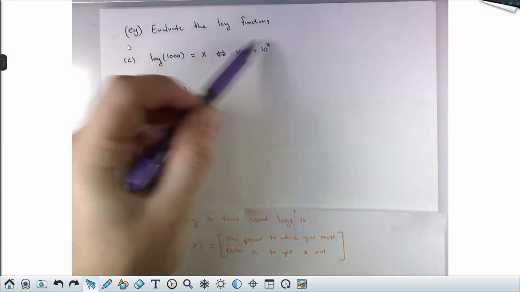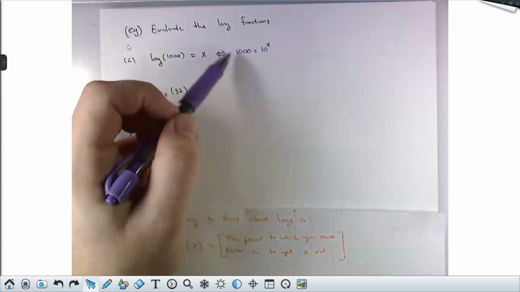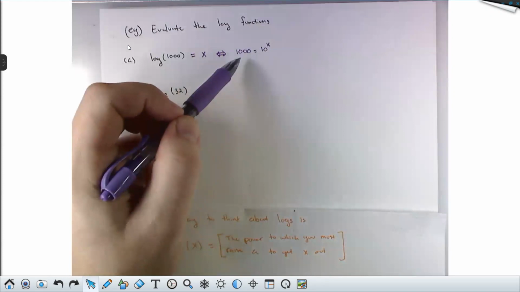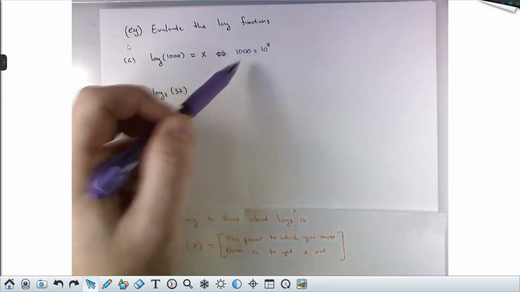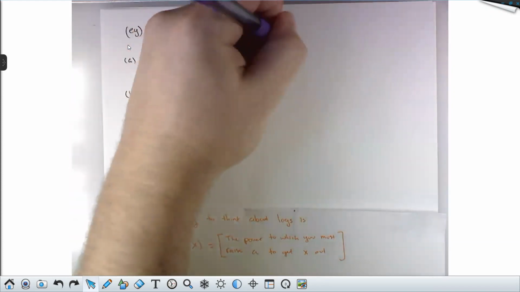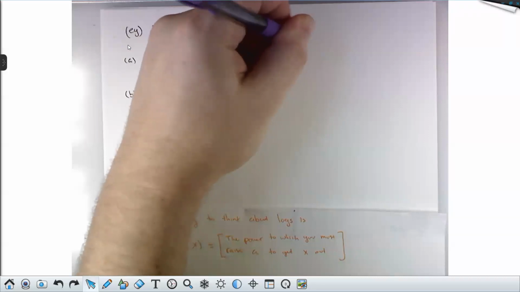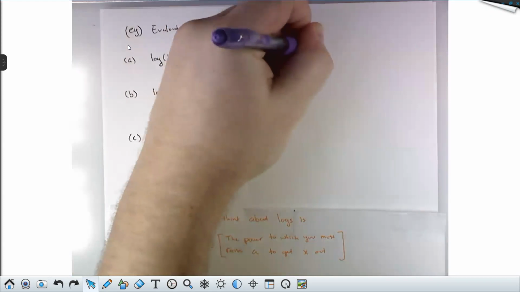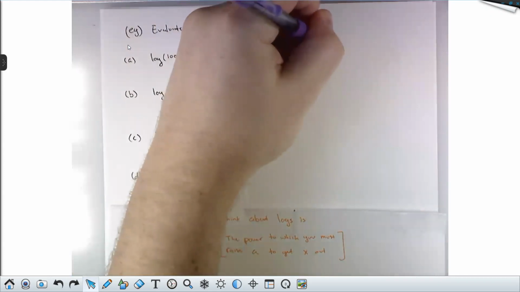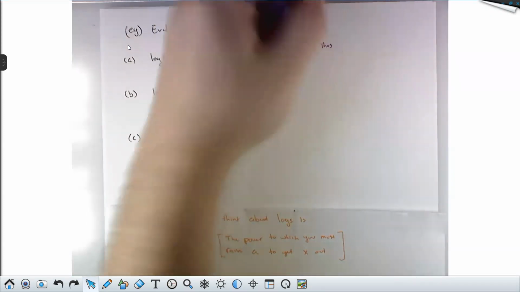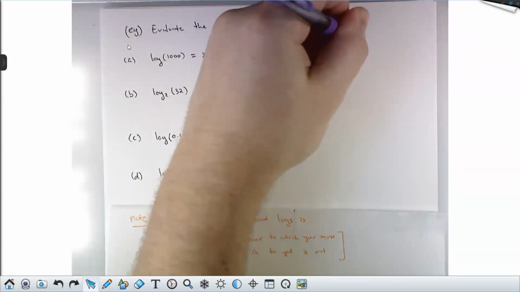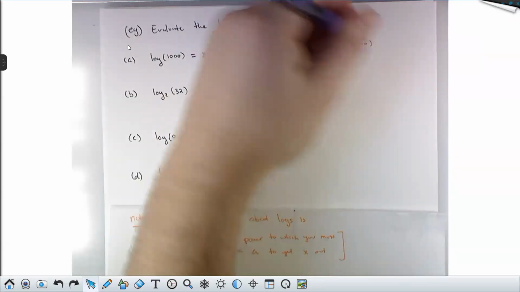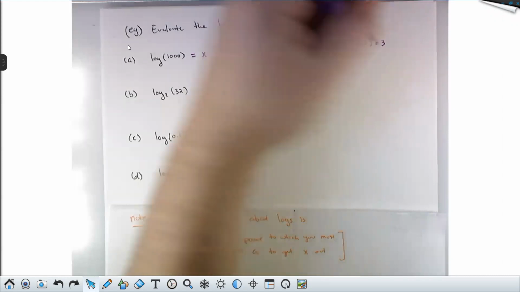And we can think about this one and get ourselves there kind of intuitively. 1,000 is 10 times 10 times 10. It's 10 to the 3. Thus, the log of 1,000 is equal to 3.